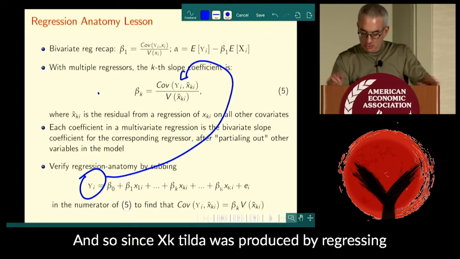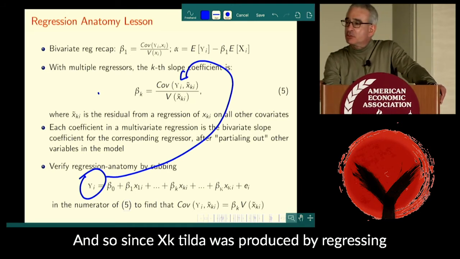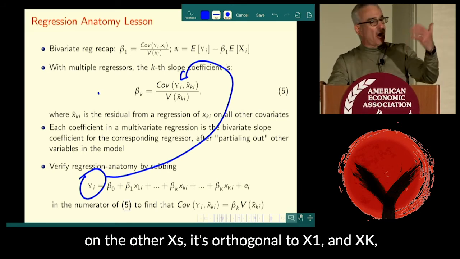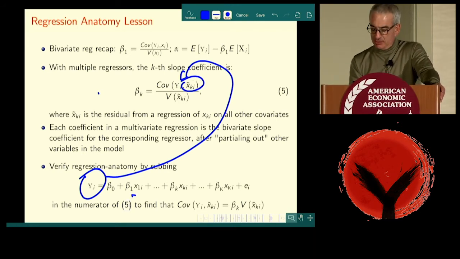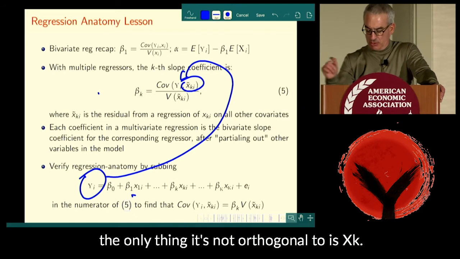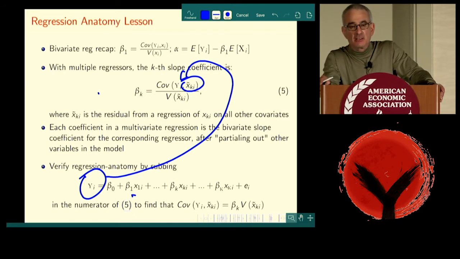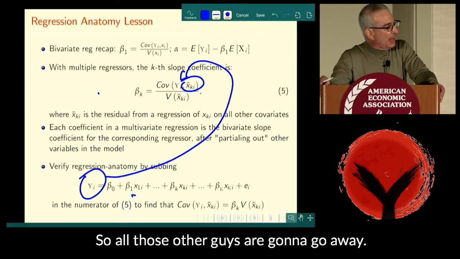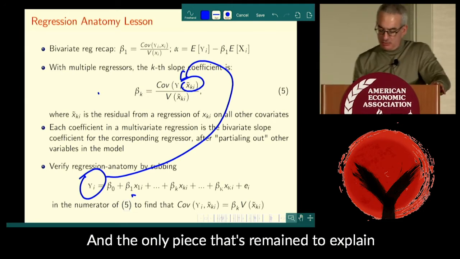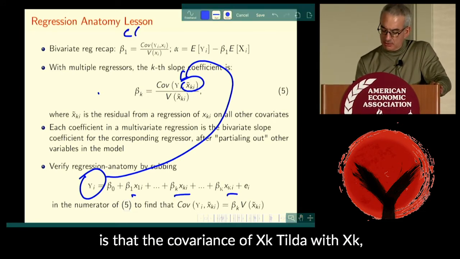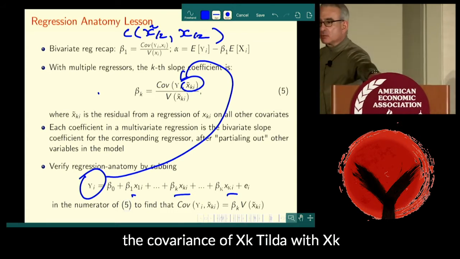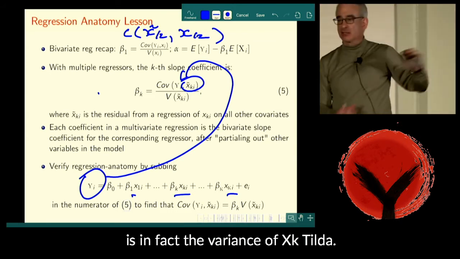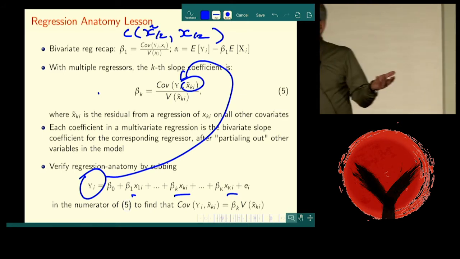Since xk tilde was produced by regressing on all the other x's, it's orthogonal to x1 through x capital K. The only thing it's not orthogonal to is x little k. So all those other terms are going to go away. And the only piece that remains to explain is that the covariance of xk tilde with xk is in fact the variance of xk tilde.